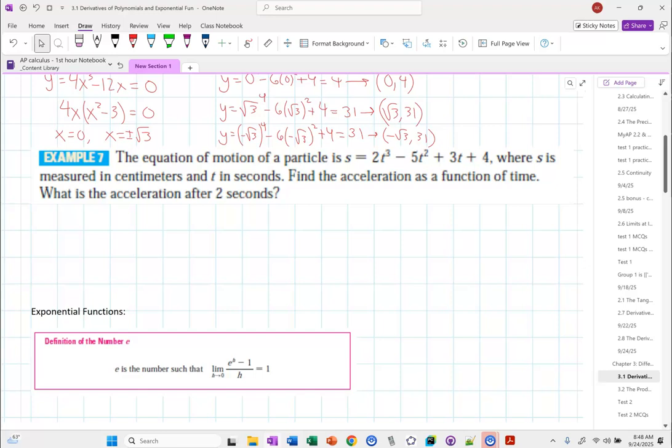All right, physics. The equation of motion of a particle is given by yada yada yada, where s is measured in centimeters and t in seconds. Find the acceleration as a function of time. What is the acceleration after 2 seconds? Question from yesterday, what's the relationship between position of an object and acceleration?